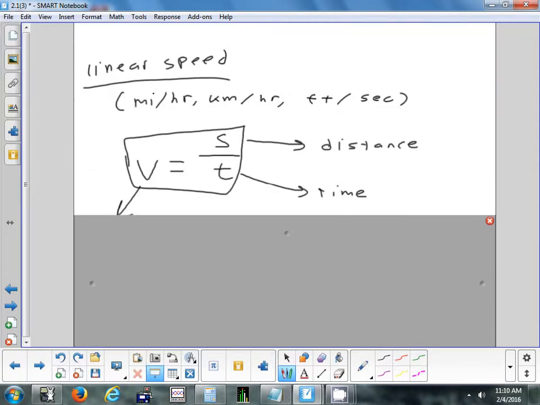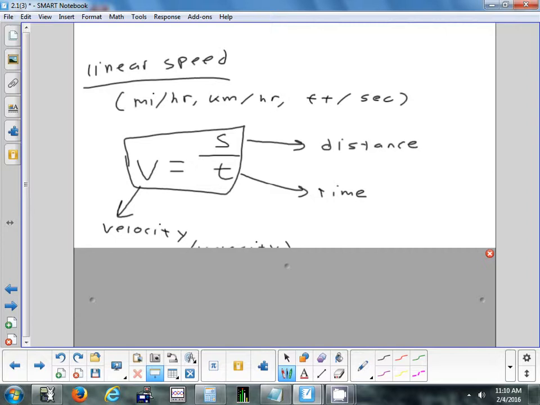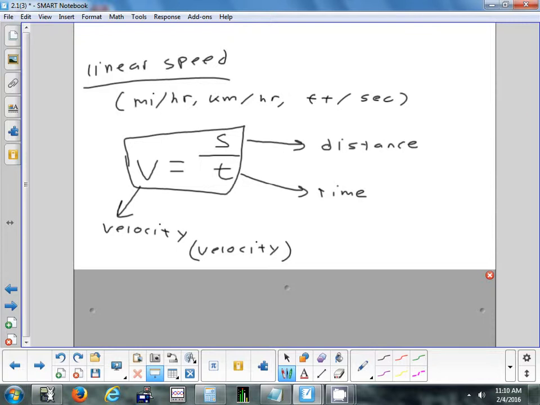And that's your formula for how you normally calculate speed. Some people write distance equals rate times time. This is the same formula, except instead of having distance by itself, I have speed or velocity by itself.